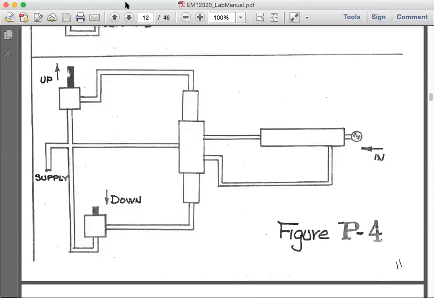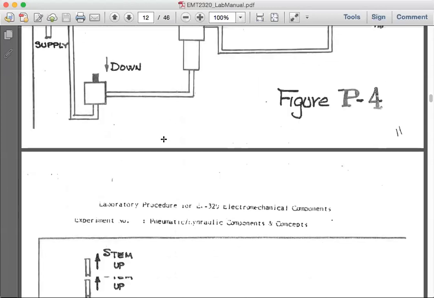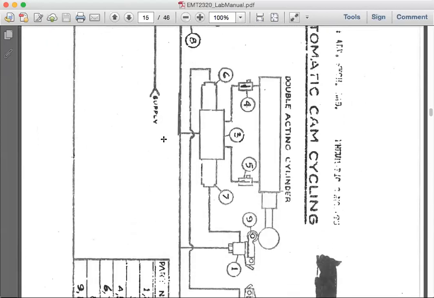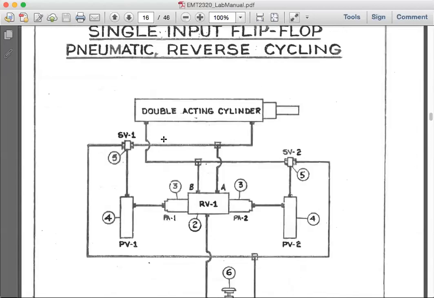You should have it on your screen, and we will go to the actual diagram.